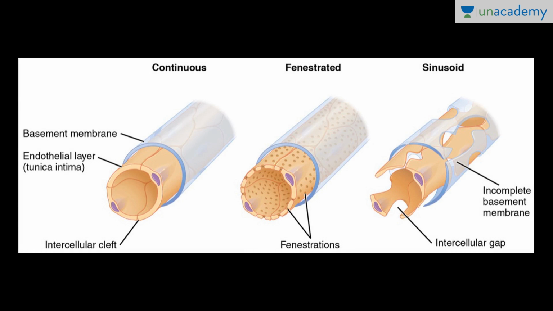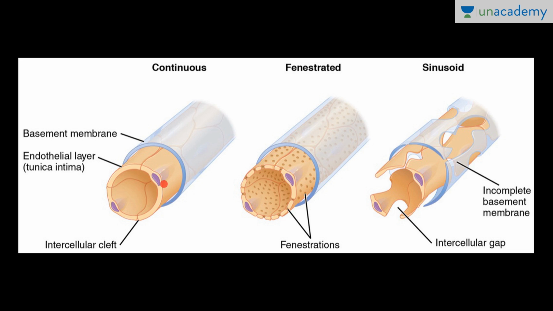Now the picture is depicting three types of capillaries: continuous, fenestrated, and sinusoid. Continuous capillaries are simple capillaries. We don't have any kind of perforations or gaps. It is simple. This is the endothelial layer. This is the tunica media. This is the basement membrane. And here we have intercellular clefts. This is simple or continuous.